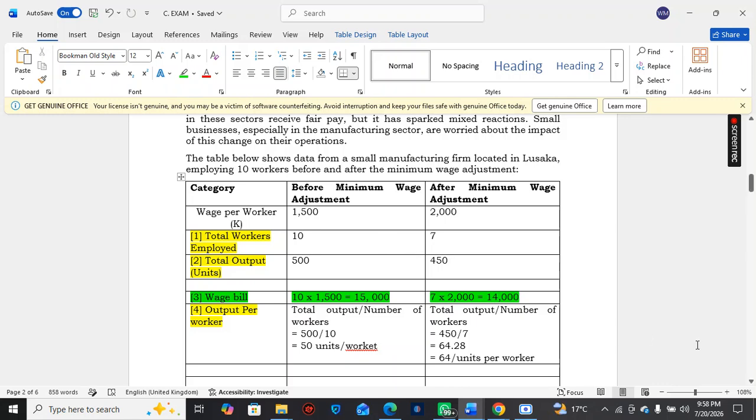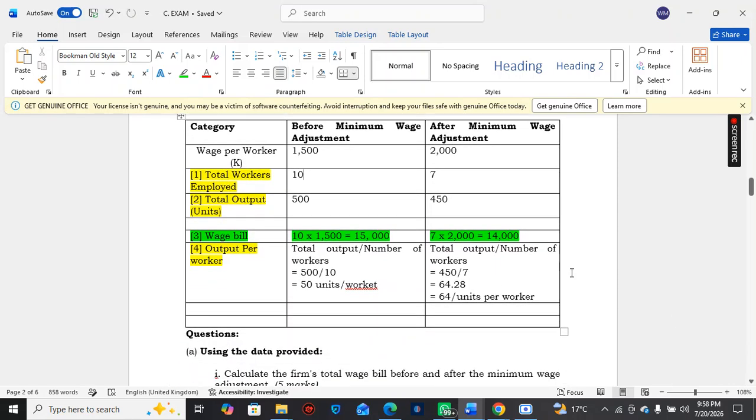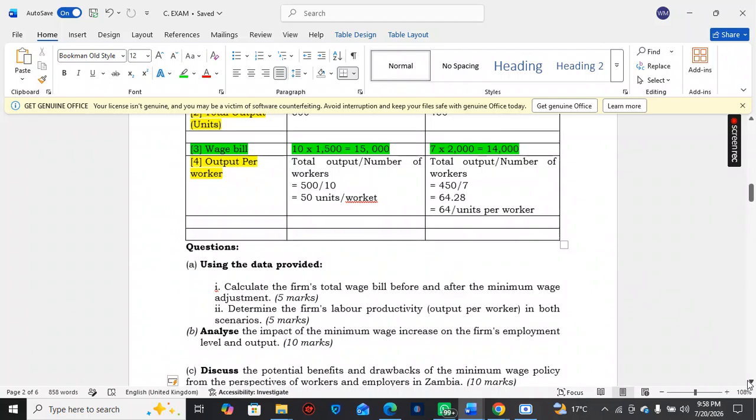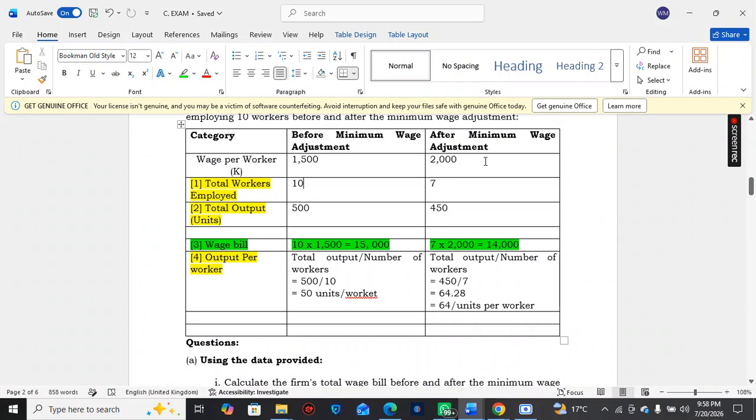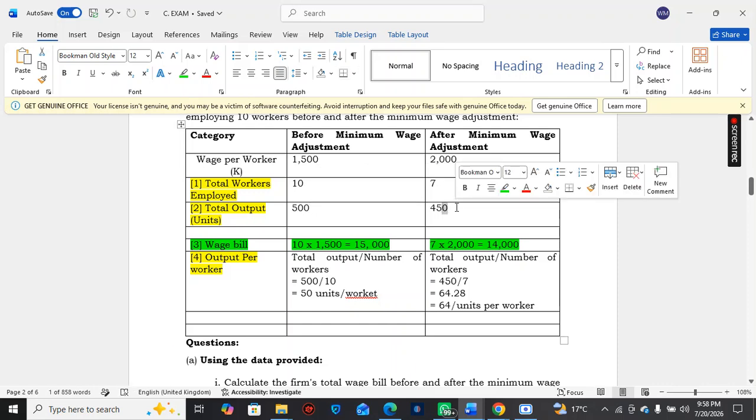So the first impact of the minimum wage increase is that three workers were laid off in terms of employment. Then in terms of output, output also dropped from 500 units to 450 units. The output of the company dropped because when you lay off some workers, your output will also suffer.